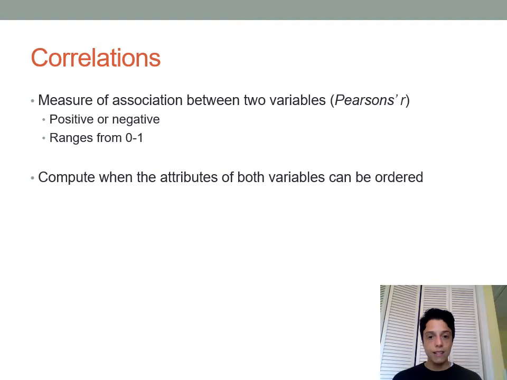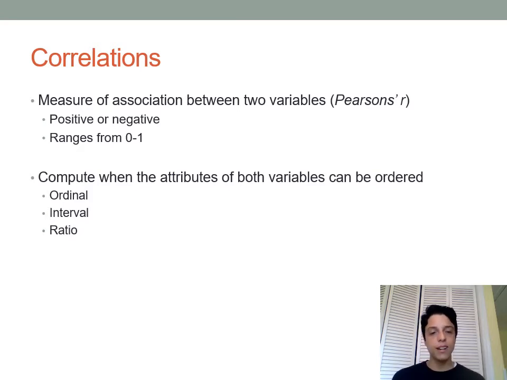It is a statistic that can be calculated when the attributes of both variables can be put in order, and again that means variables that are at the ordinal, interval, and ratio levels. It is technically possible to compute correlations for variables that have only two categories, if those categories are not ordered, but that's not something that we're going to do here.